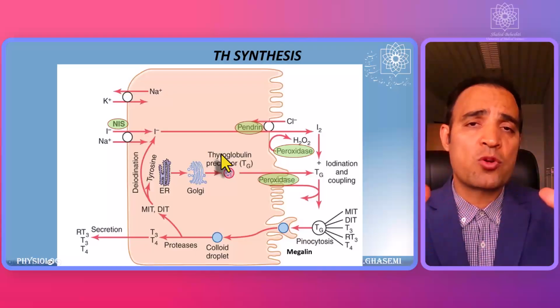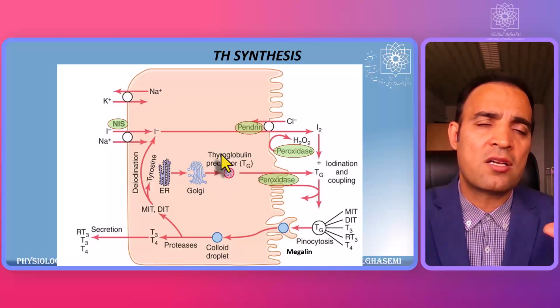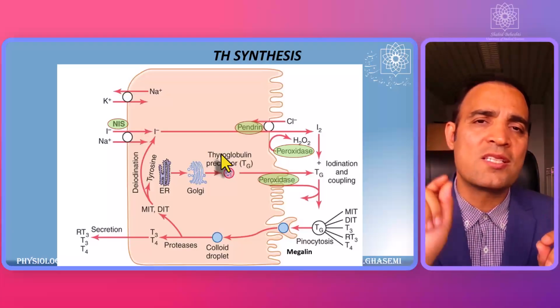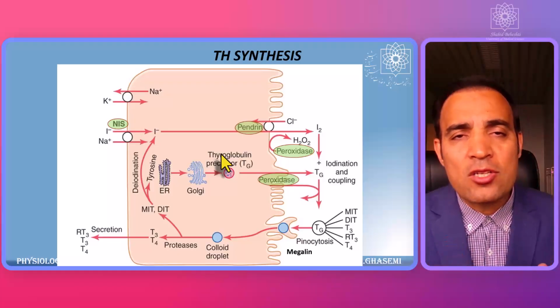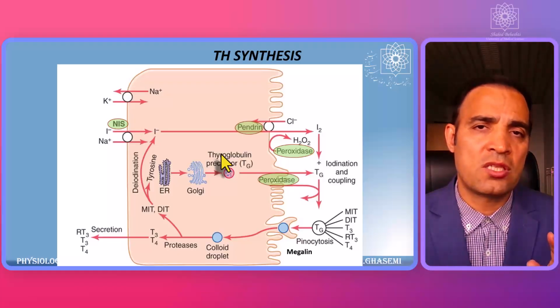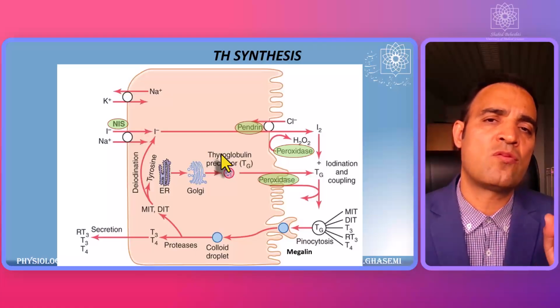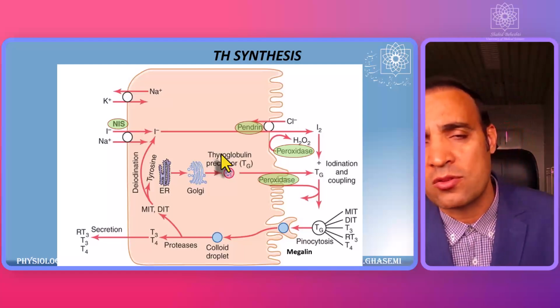Therefore, we have a large protein that contains several tyrosine residual amino acids, and the iodide is added to this tyrosine amino acid. If just one iodide is added to tyrosine, then we have monoiodotyrosine.